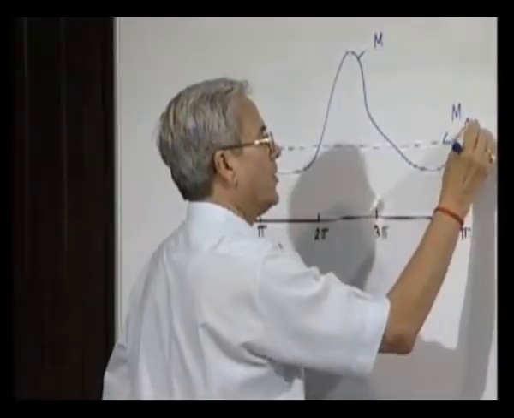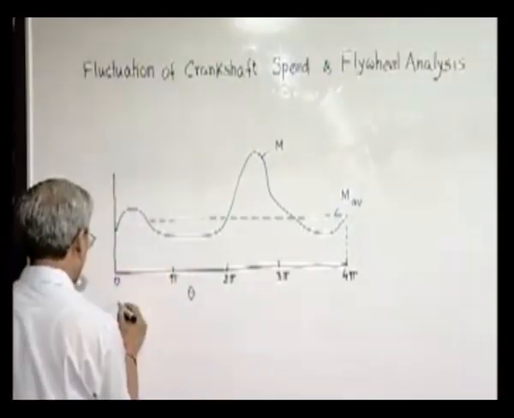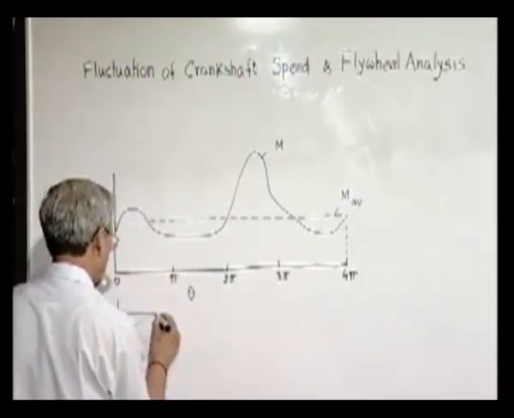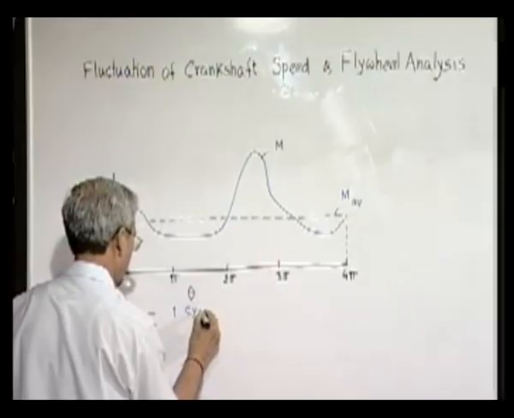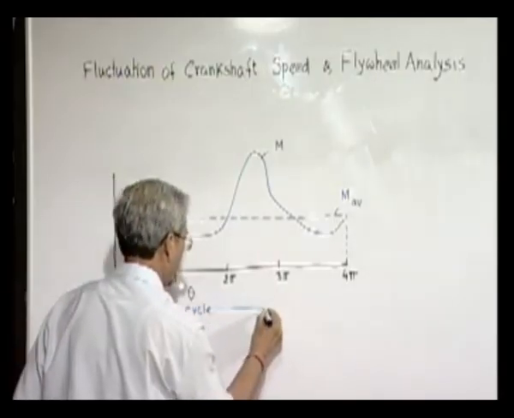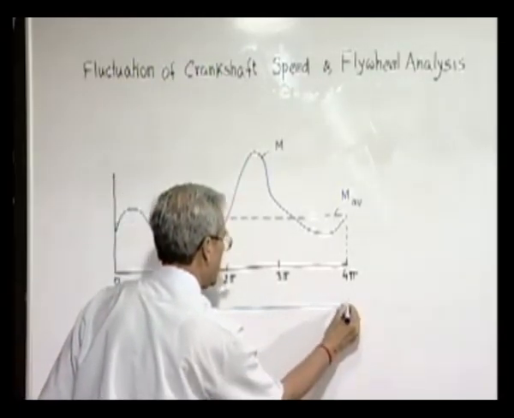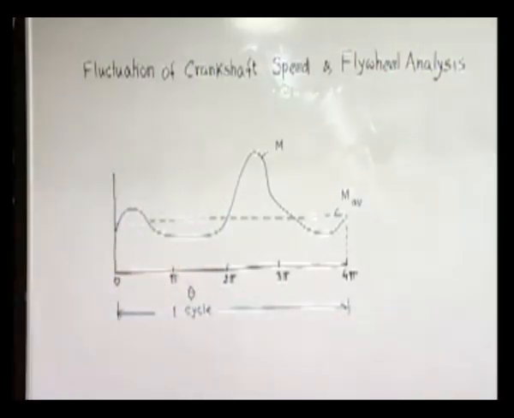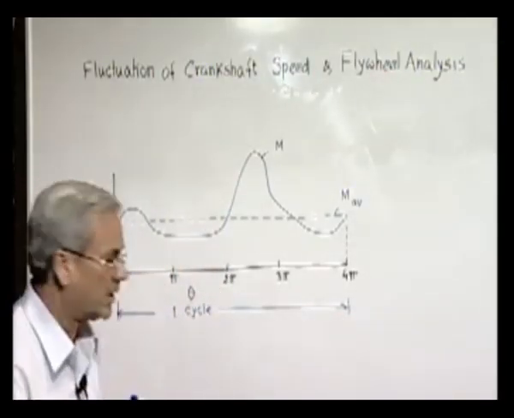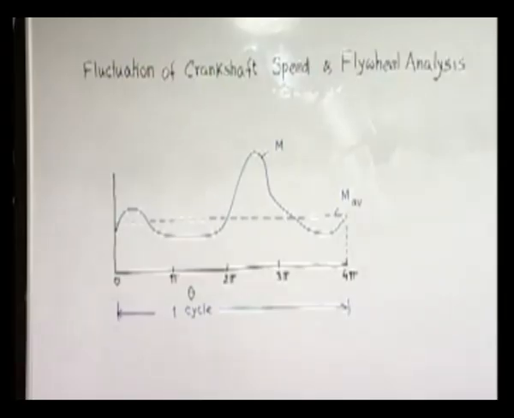How to find out? First, let us find out this is one cycle. In this particular case, the crank rotation to complete one cycle will be 2 rotations, that is angle theta will go to an angle 4 pi.